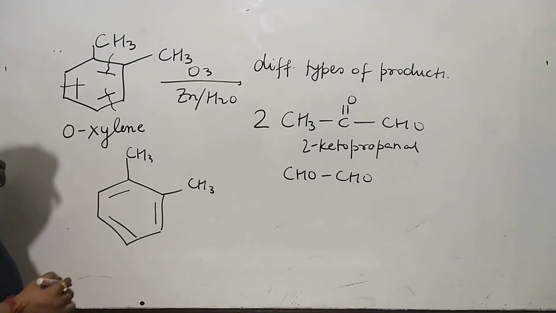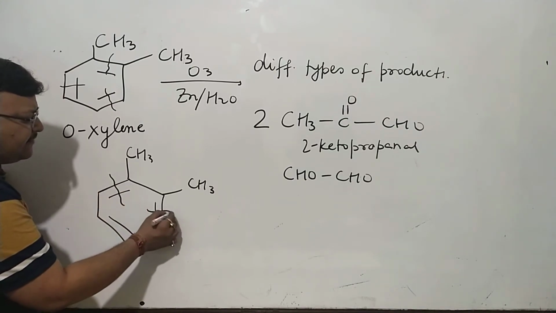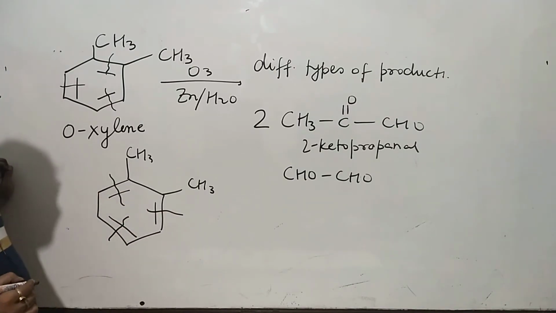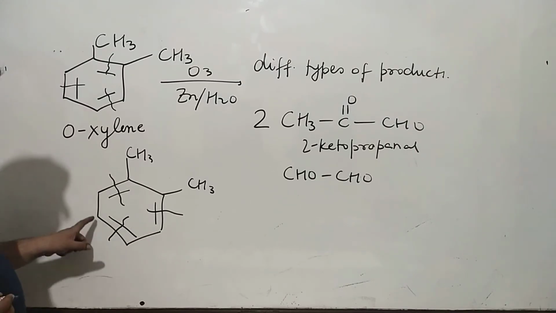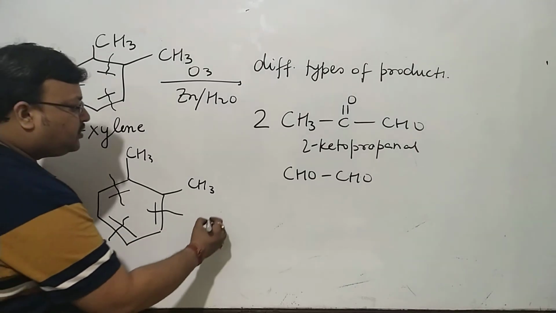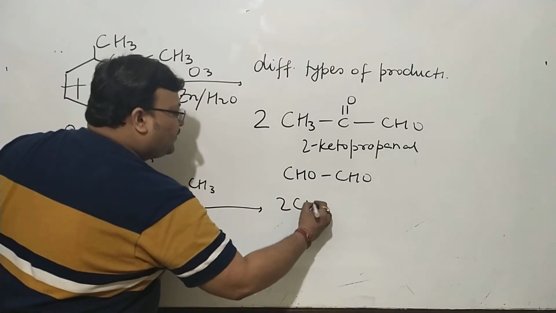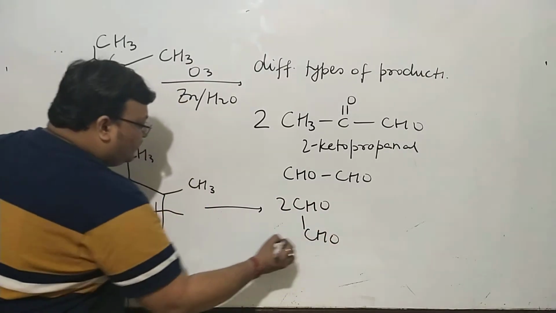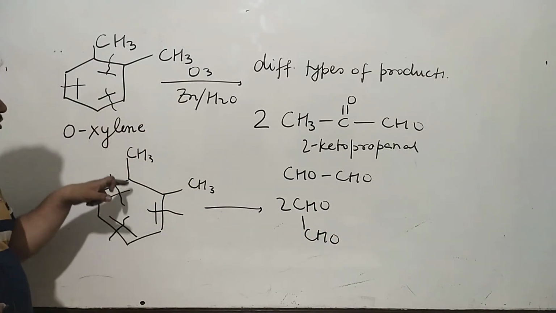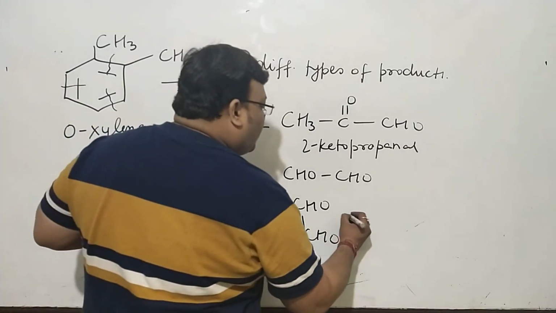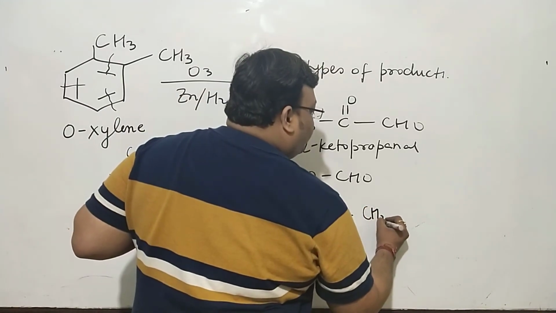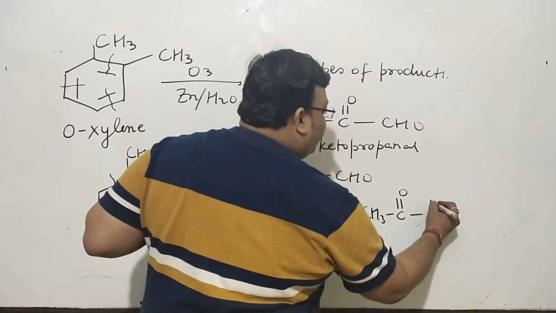And naturally, when you think of cleaving these 3 bonds, you'll get CHO, which is 2 moles of glyoxal, but this time there will be another fragment which will be CH3C=O CH3.